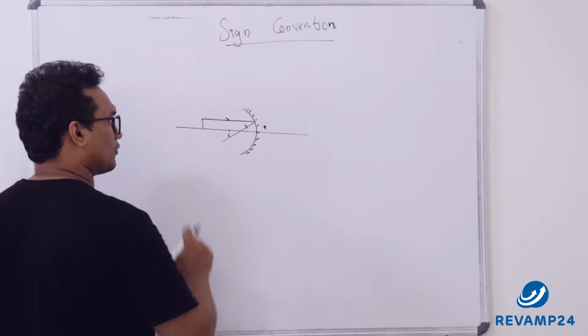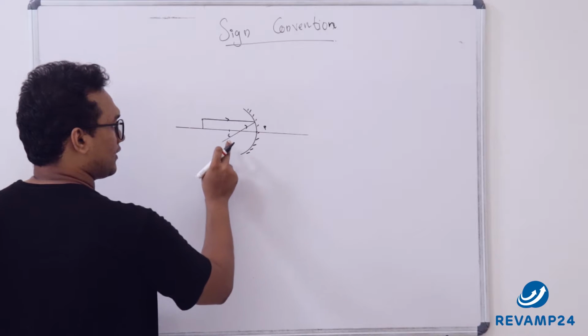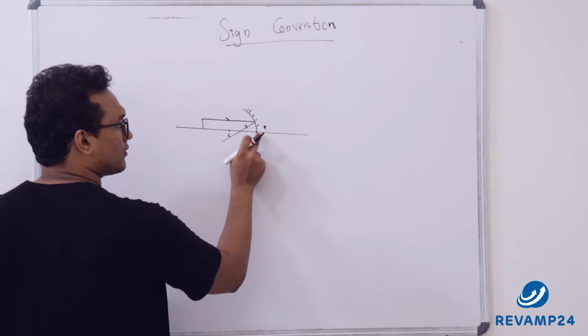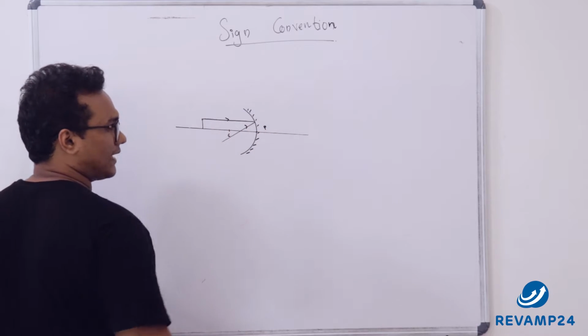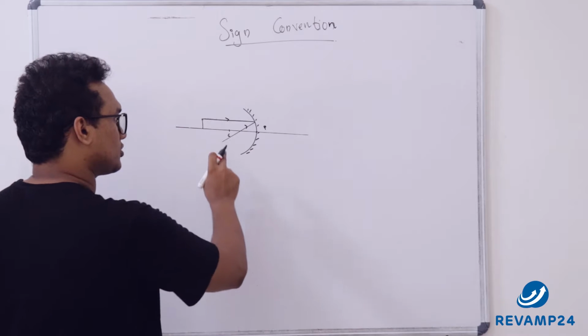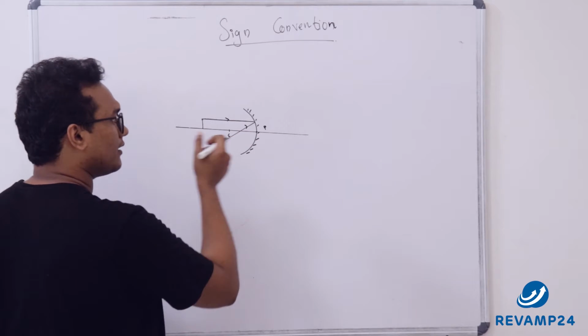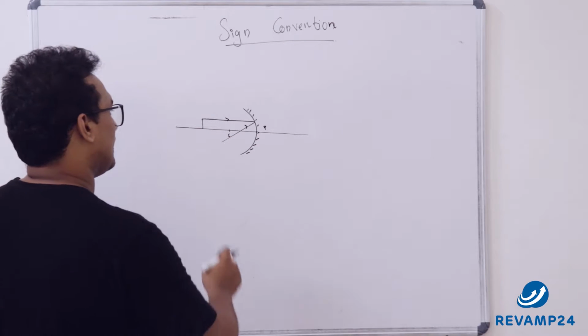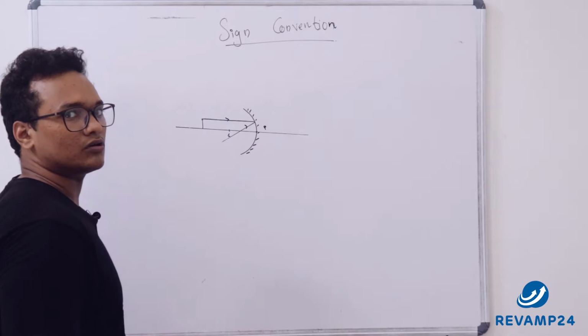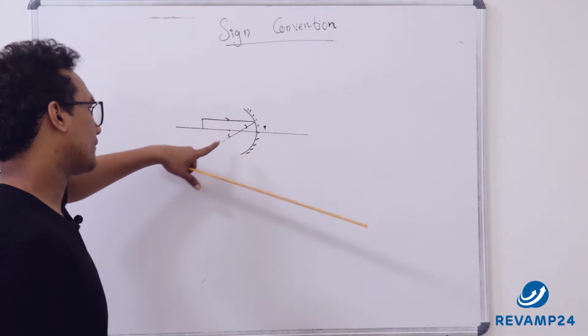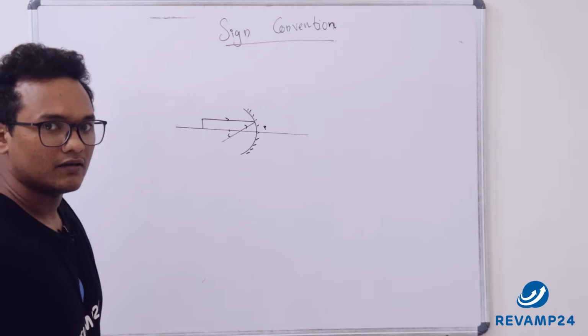This is the center of the curvature, and the pole. The line passing through C and P is the principal axis. Now any ray parallel to this would go after reflection through a point which is called focus.